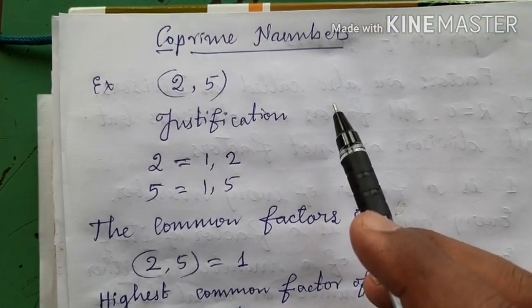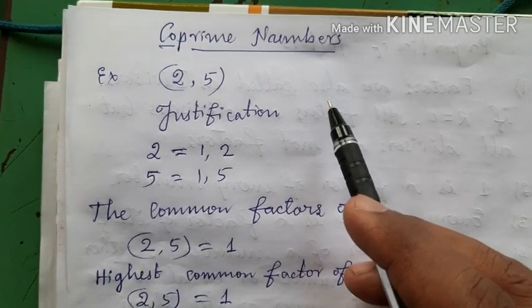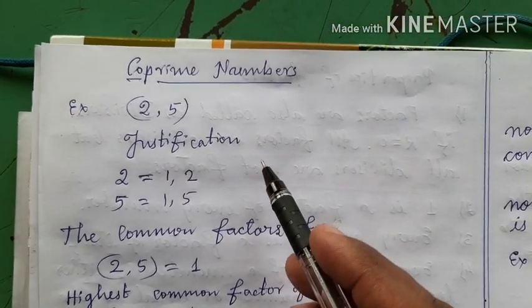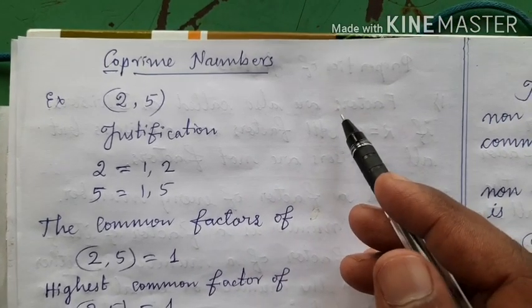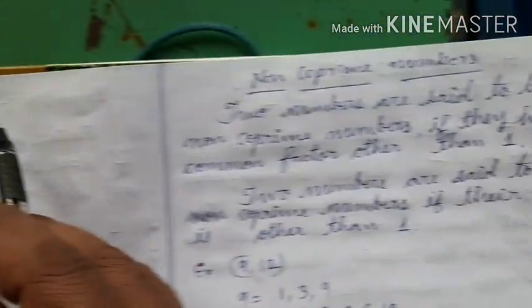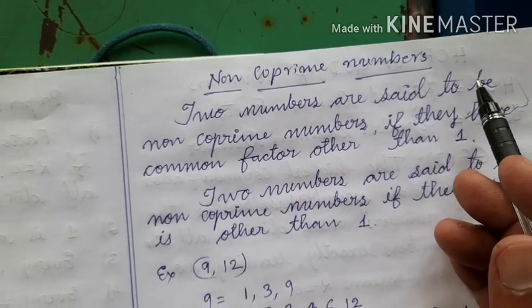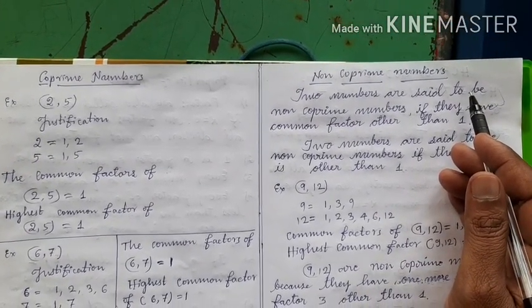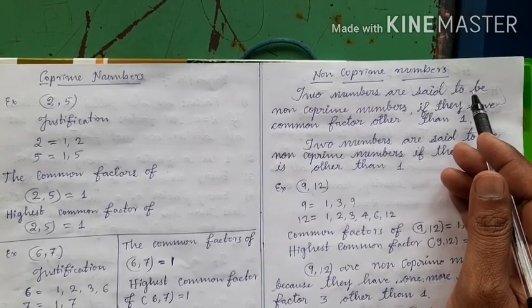Okay, children. After having learnt about the HCF and GCD of the numbers, let us learn about the co-prime numbers and non-co-prime numbers. This is also a very interesting and important concept that you have to learn.